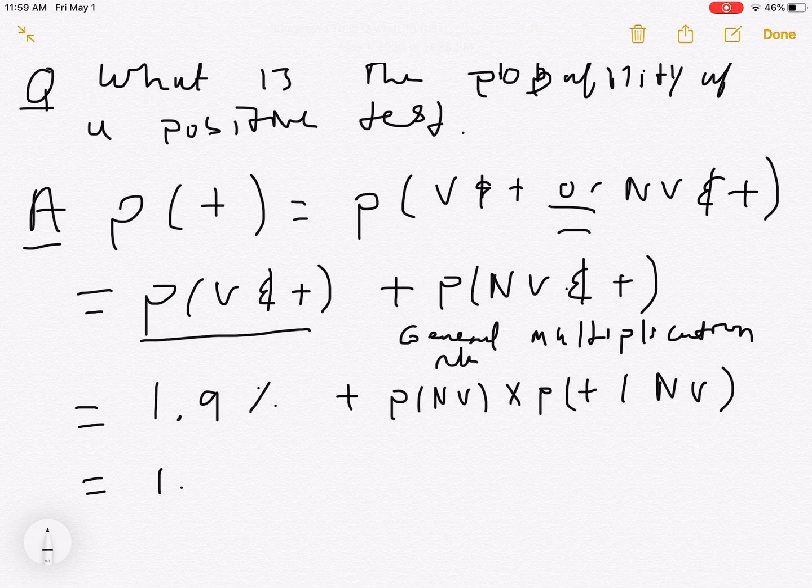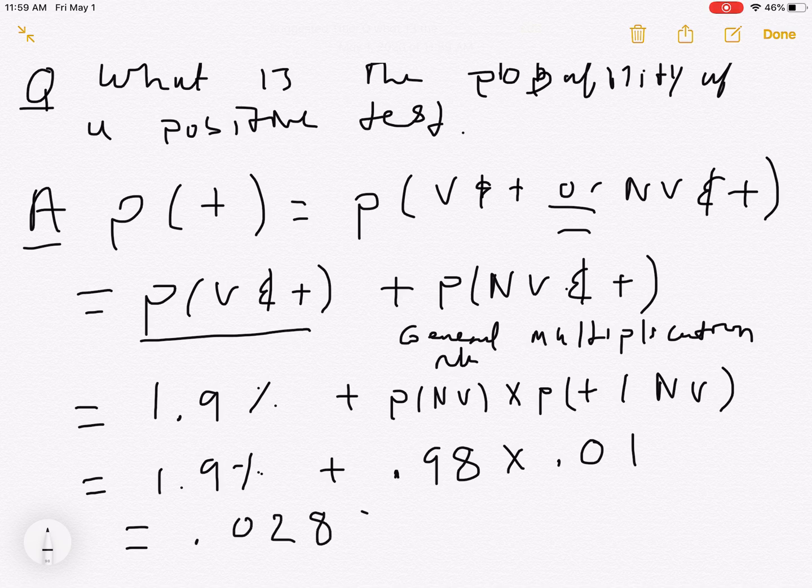So this is going to be 1.9% plus probability of not virus, that's 98% of the population, times positive given not virus. Only 1% of the not virus population tests positive. And that final number is going to be 0.0288, or 2.8%.